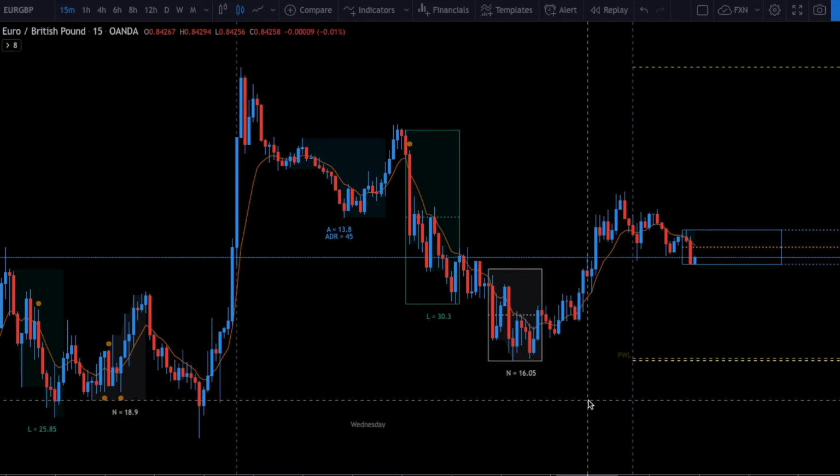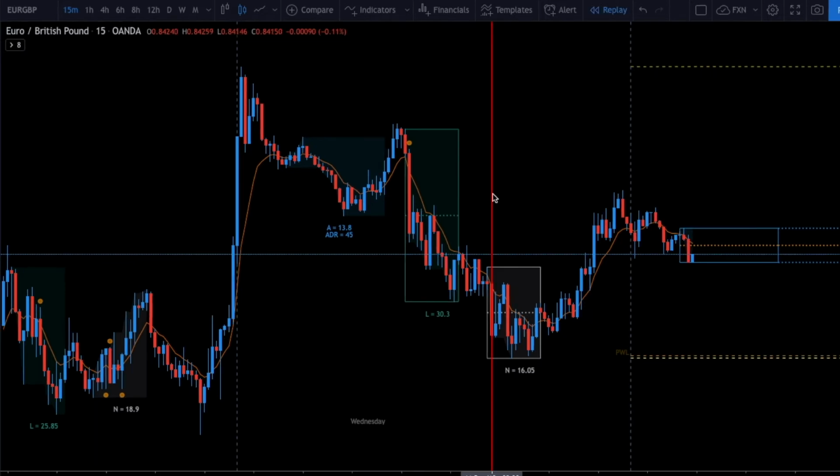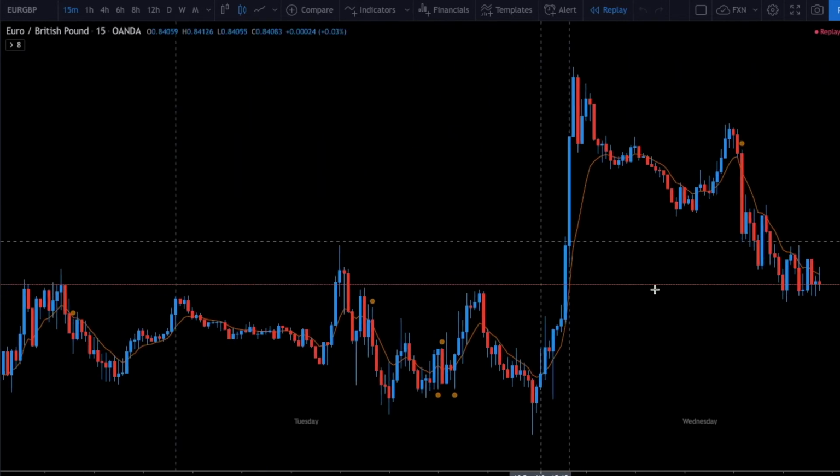I think one of the best ways to use it is when you're trading the US session, because it's typically the last big session of the day, and you already have the data from London and Asia to help you. So let's go back here to the beginning of the US session.